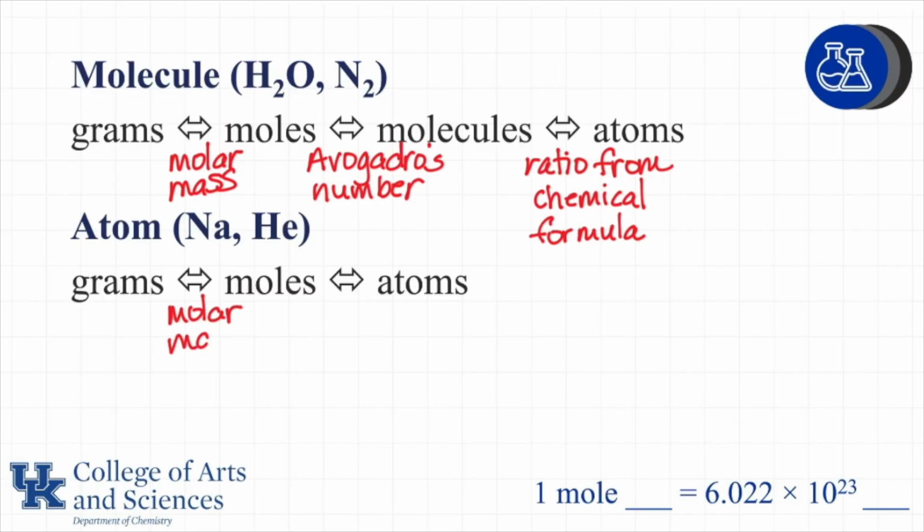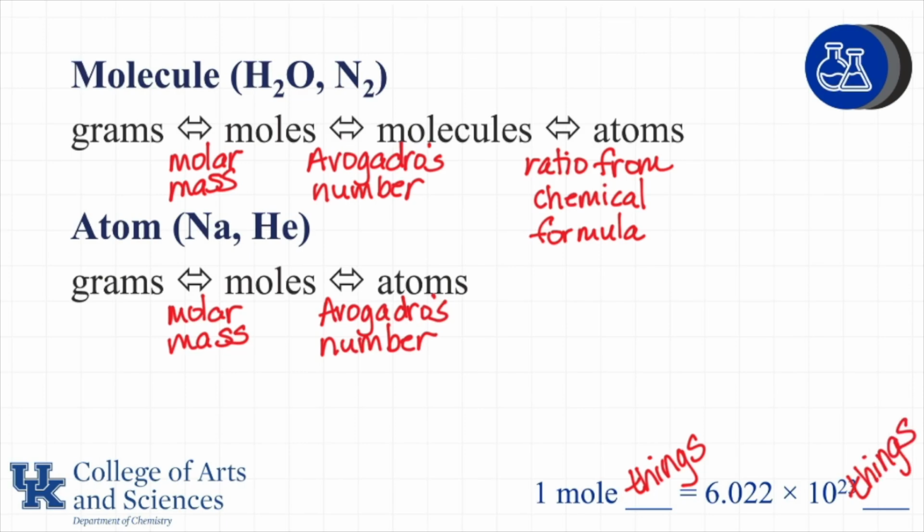And if we're just looking at atoms, we can also get between grams and moles with molar mass. The difference for atoms, so single atoms by themselves, is we can go directly from moles to atoms. We don't have to have the intermediate step of molecules. And we can do that using Avogadro's number. So 1 mole of things equals 6.022 times 10 to the 23rd of those things.